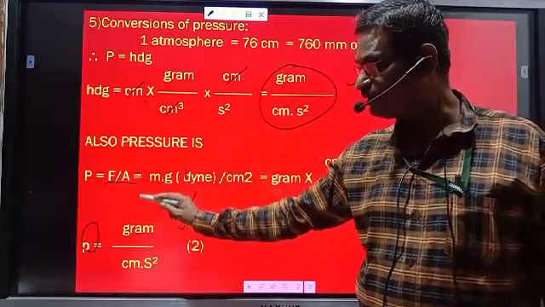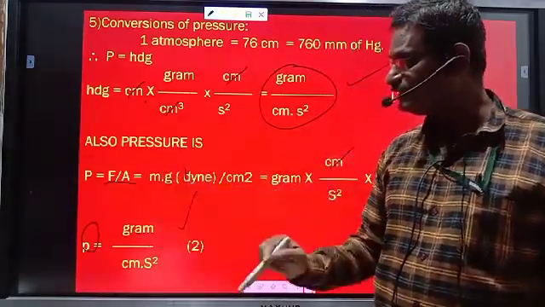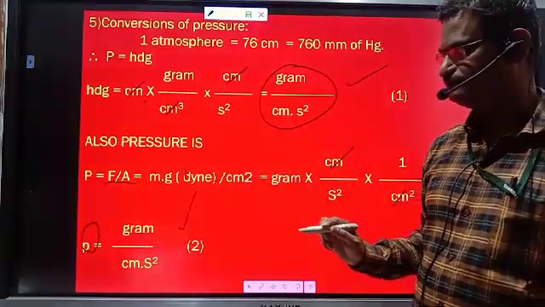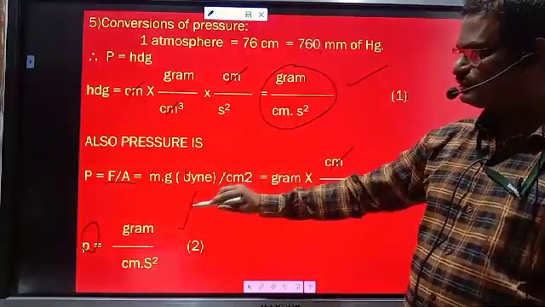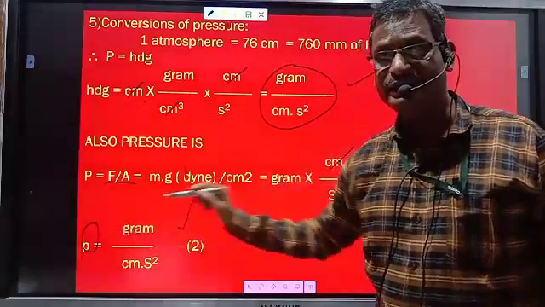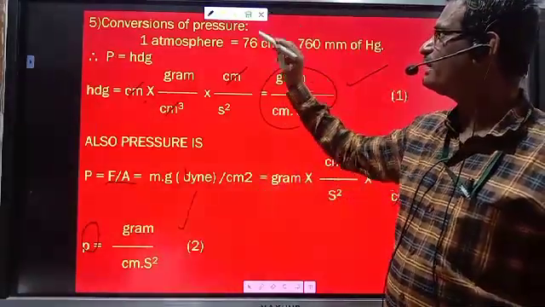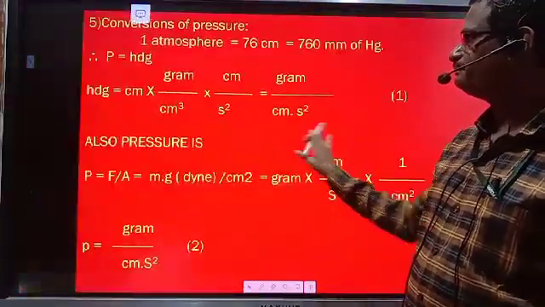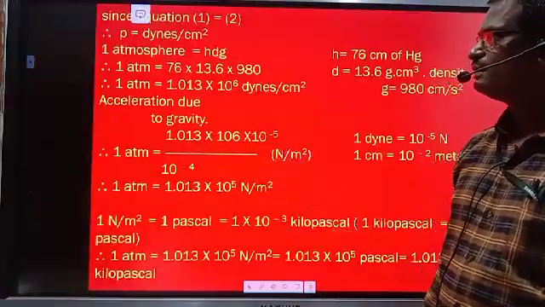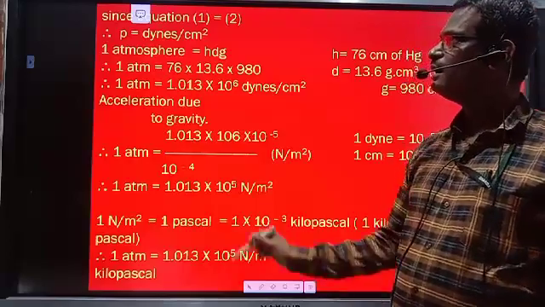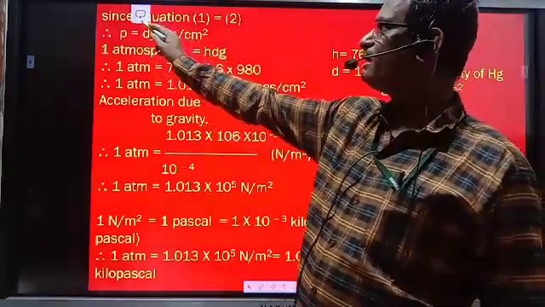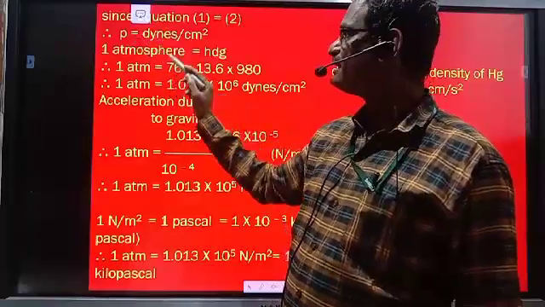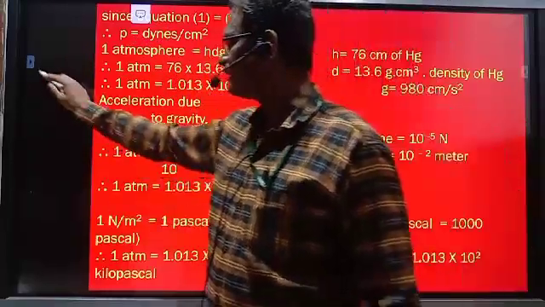This is also pressure, force per unit area in dyne per centimeter square. Therefore I have written here, since equation 1 is equal to 2, that is the pressure in dyne per centimeter square.